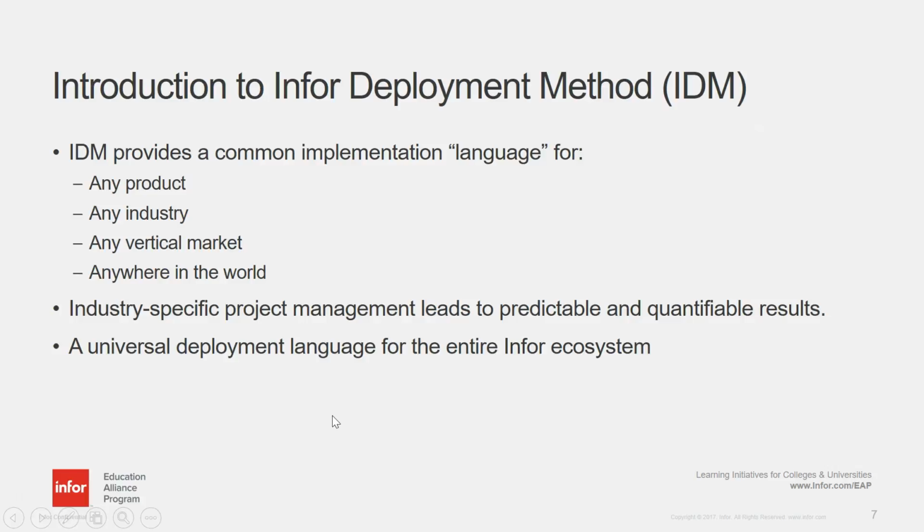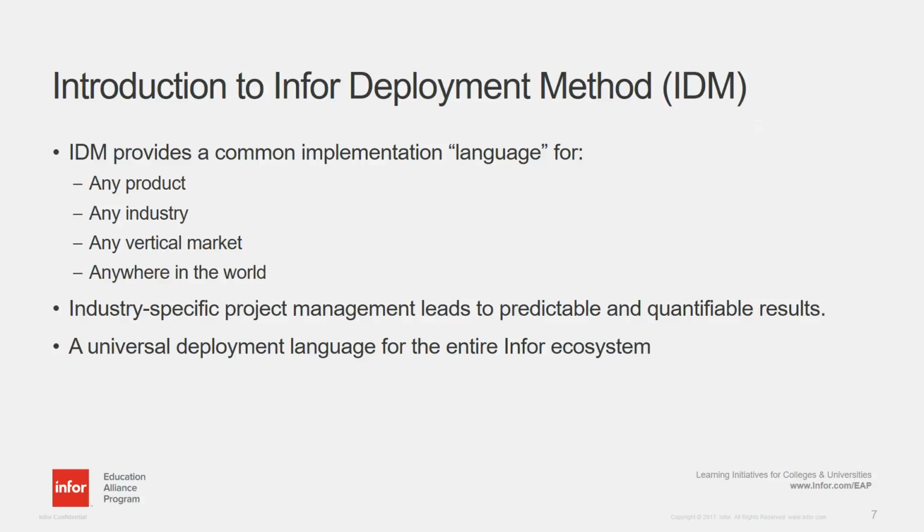It provides a common language. Any product, any industry, any vertical market. Vertical simply means the same type of industry. So for example, you have retail, you have manufacturing, you have sales, you have a variety of different types of industries. And the vertical market is software that is specific to a market. For example, doctors will use certain software specific to a doctor's office.